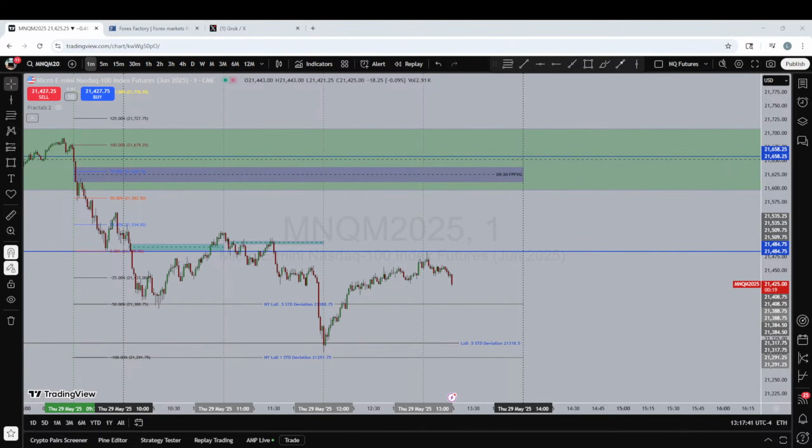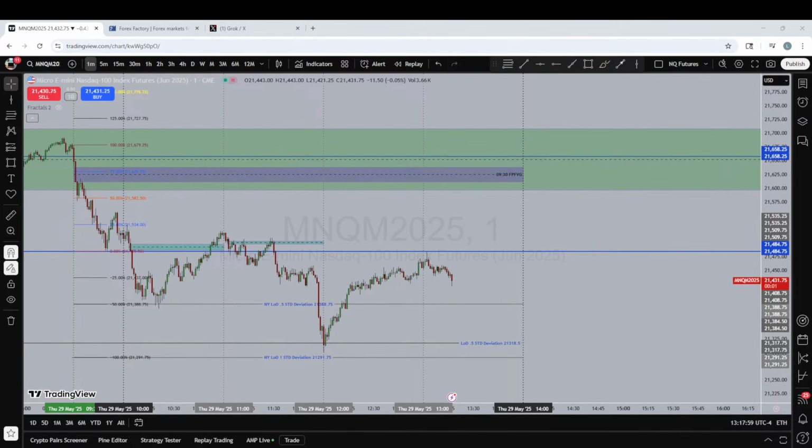Anyways, so what am I doing now? I'm not doing anything. I'm just looking at price, just reading price. I already took a trade. Already making my money for the day.